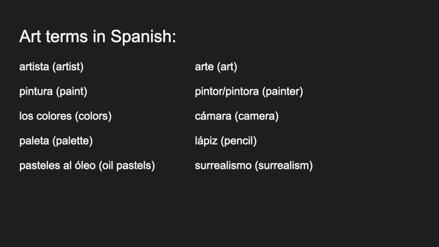Arte is art. Pintor or pintura is painter. Cámara is camera. Lápiz is pencil. And surrealismo is surrealism. Please excuse how I pronounce some of these. I do not speak Spanish, but I am trying my best.